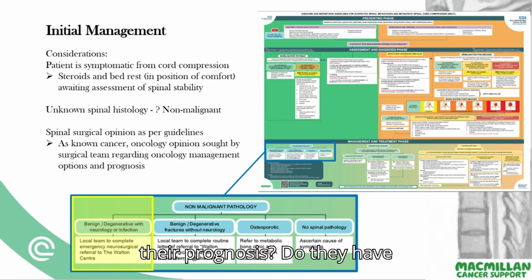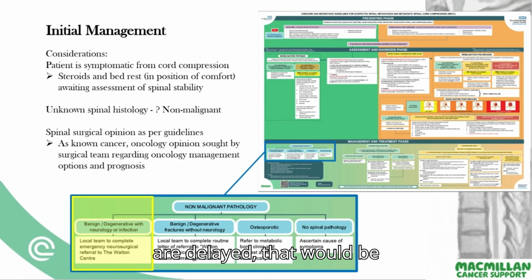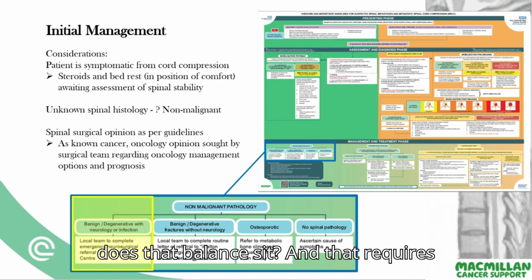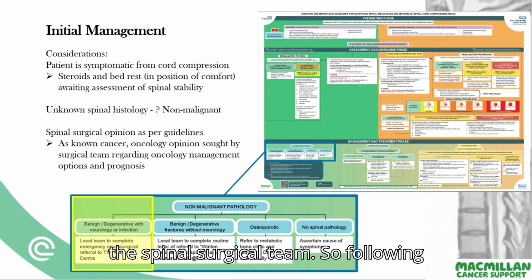What's their prognosis? Do they have oncology options that mean that if these are delayed, that would be detrimental to their overall prognosis and quality of life? And where does that balance sit? And that requires a conversation between the oncologist and the spinal surgical team.